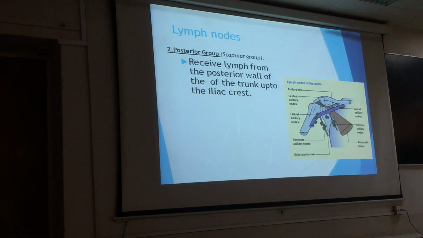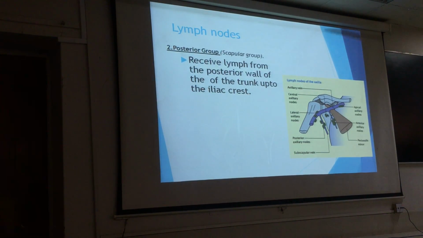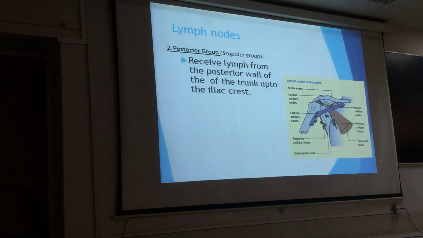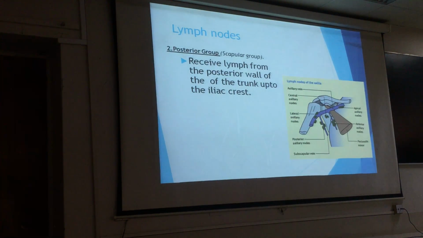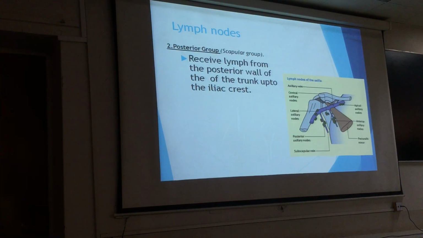Now this iliac crest is actually the boundary of this posterior group of lymph nodes, because it is receiving the lymph from the posterior side of the trunk and the scapular region till the point of the iliac crest. So this is the posterior or subscapular group of lymph nodes, 6 to 7 in number, present in the posterior axillary fold, receiving the lymph from the posterior side of the trunk till the iliac crest.